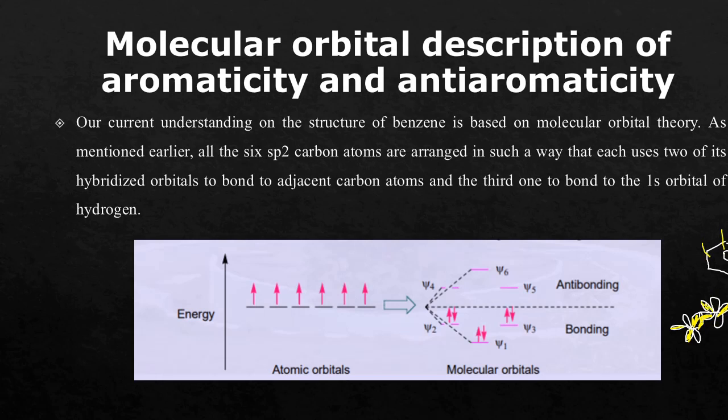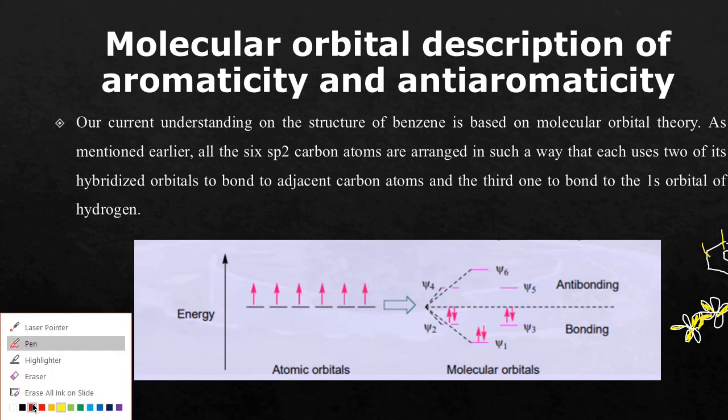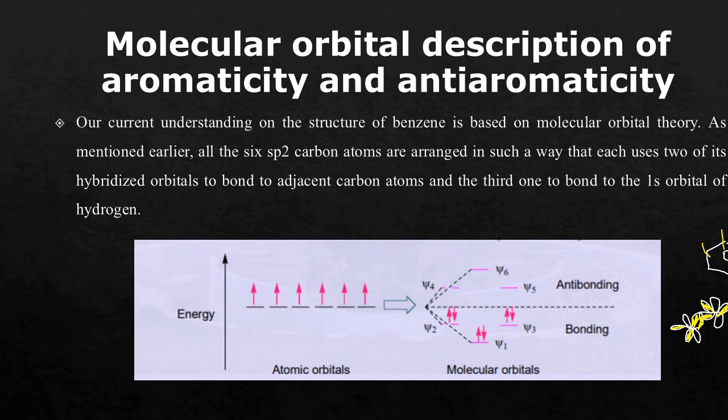These sp2 hybridized orbitals are oriented in a triangular planar shape, and the s orbital of hydrogen can overlap and you get a sigma bond.